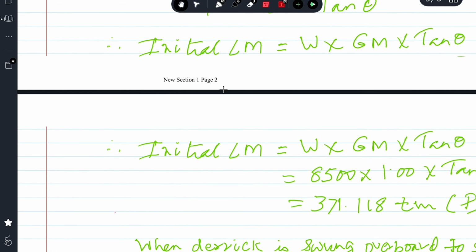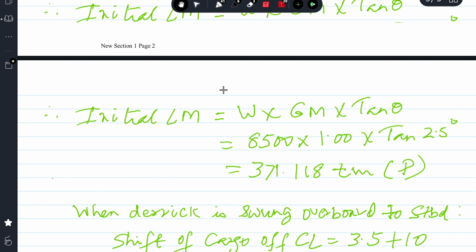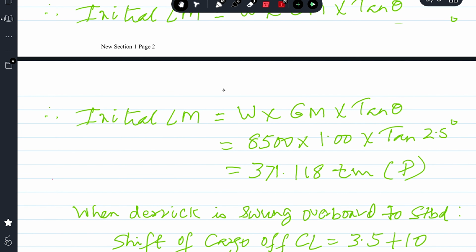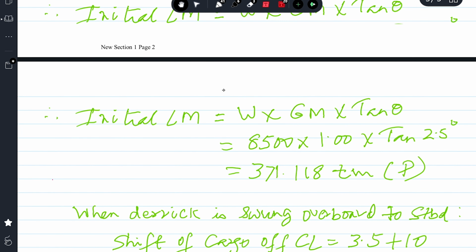So this is the initial listing moment, W into GM tan theta, which is 8,500 into 1 into initial list 2.5. 371.118 is the initial listing moment when the cargo was just picked up before swinging.